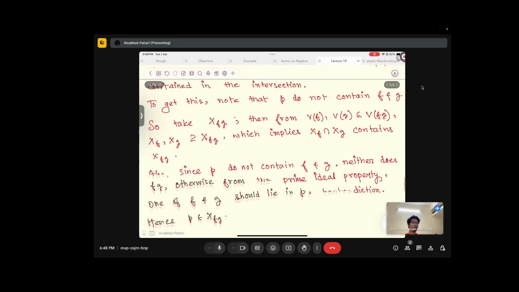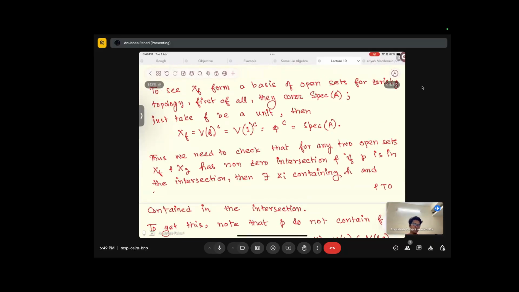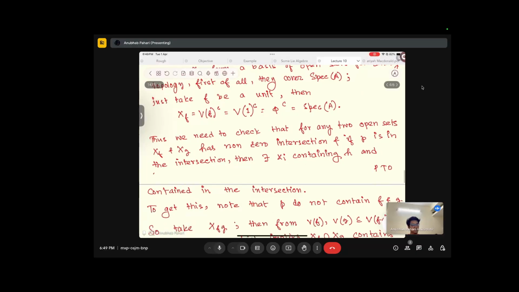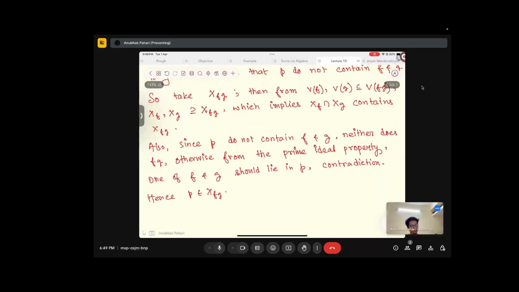So what we have shown is that any two of these sets intersect non-trivially because an element is contained in both of them, and also an element of type X_fg is contained in both X_f intersection X_g. So we have shown that these kind of open sets are the basic open sets.